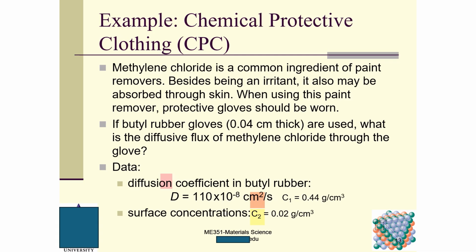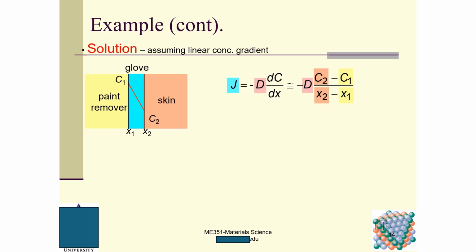The data: the diffusion coefficient D in butyl rubber is given, and C1 is the surface concentration, and C2 is the surface concentration here. Then how to solve this problem?